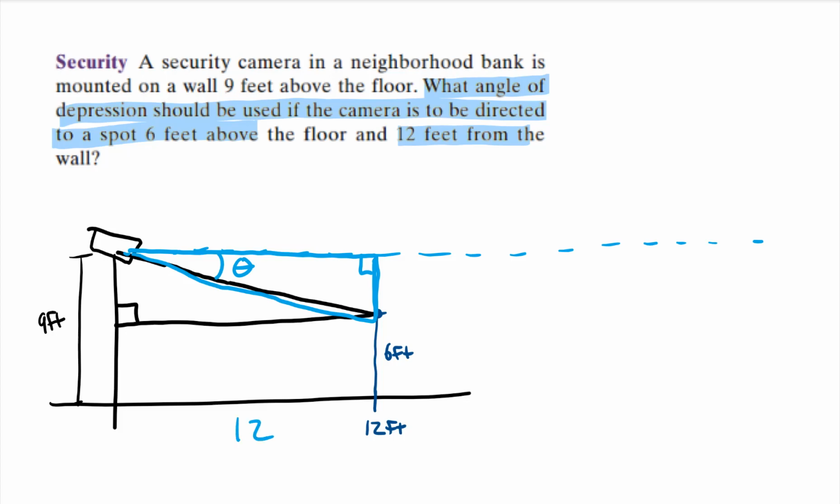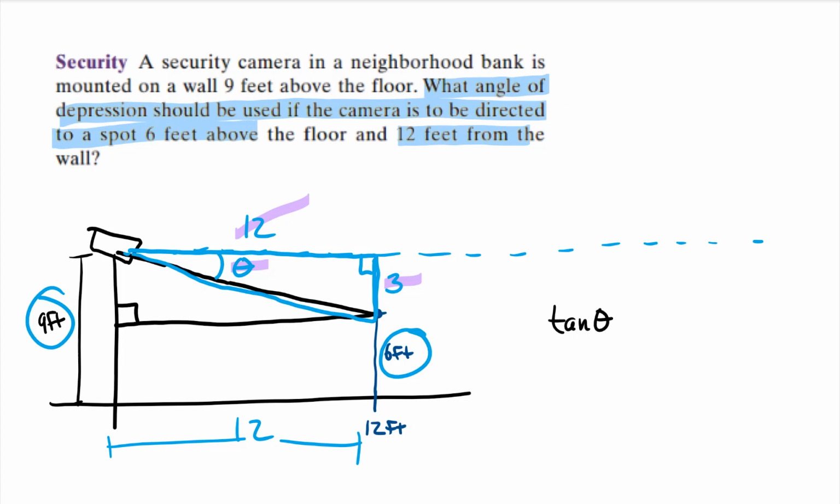Well, if we know that it's 12 feet from here to here, it's 12 feet. And if the camera is mounted 9 feet above the ground and the object is 6 feet, what's left? What's the difference between 9 and 6? It's 3. So as we look at this from this angle, we have the opposite of 3. We have the adjacent is 12.